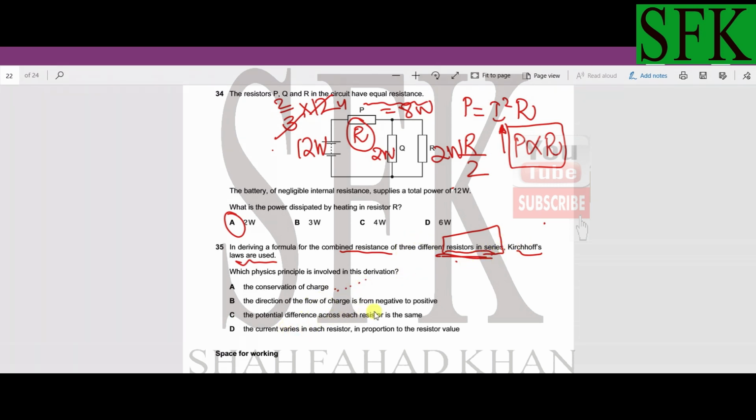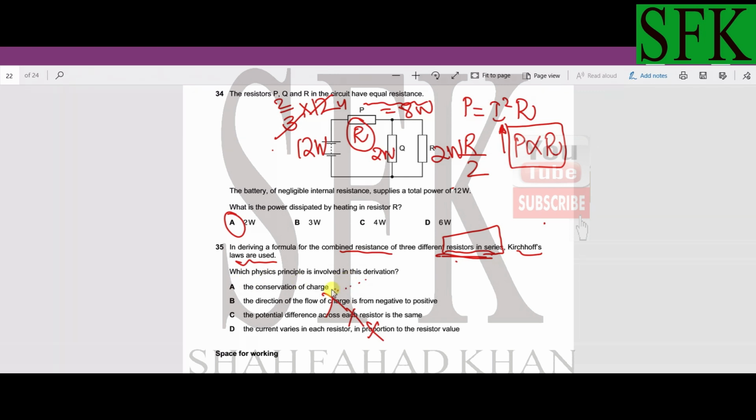The potential difference across each resistor is the same? In series, no, it's not the same. It divides between them. The current varies in each resistor in proportion to the resistor value? No, it varies inversely with the resistor's resistance. So D cannot be the answer, C cannot be the answer, and B can also not be the answer.